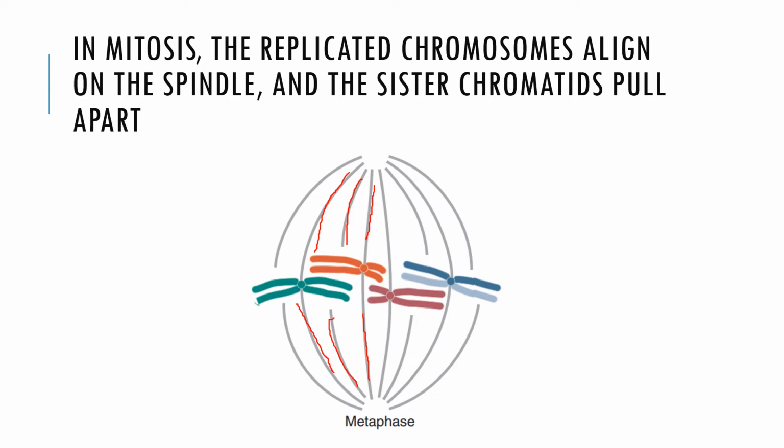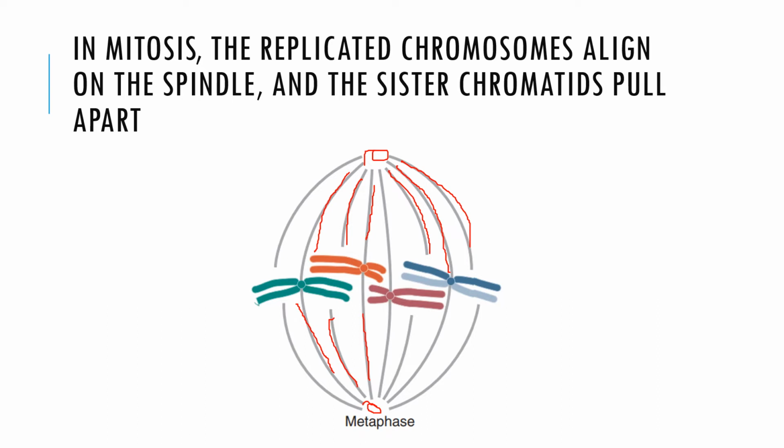The ends or poles of the spindle where the microtubules converge mark the locations of the centrosomes, which are the microtubule organizing centers where tubulin polymerization is initiated. So each pair of centrosomes results from the duplication of a single centrosome that takes place in interphase, followed by migration of the daughter centrosomes to opposite sides of the nuclear envelope.